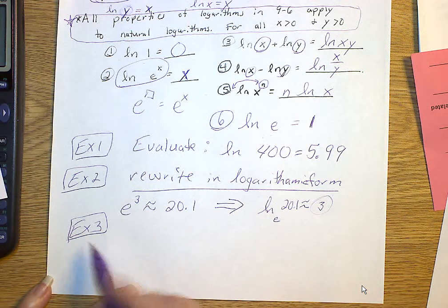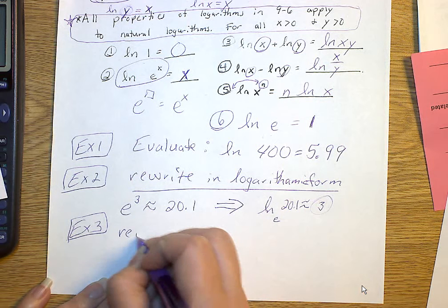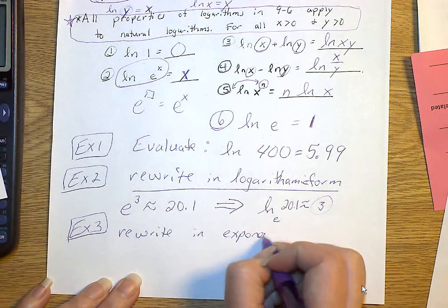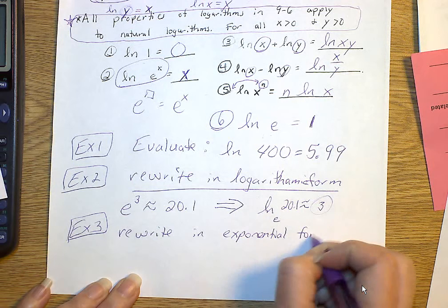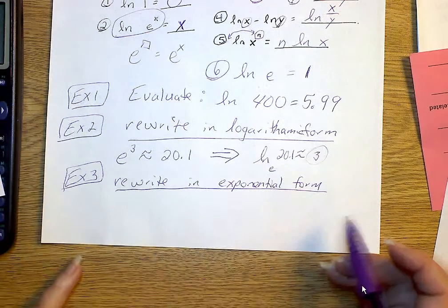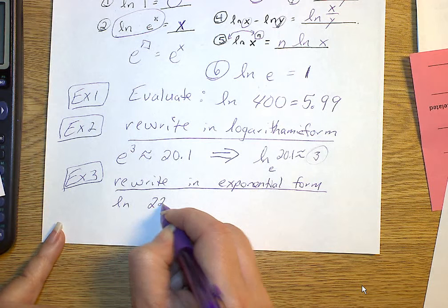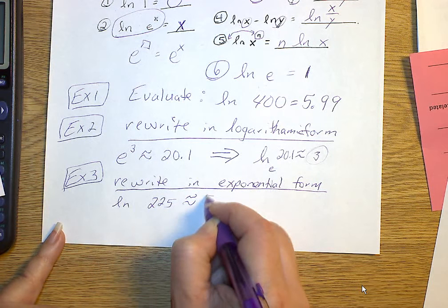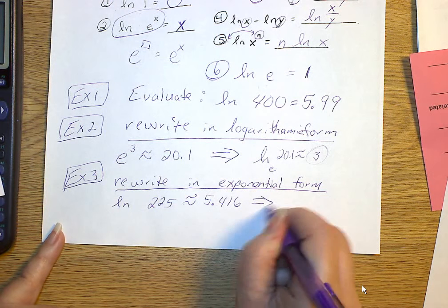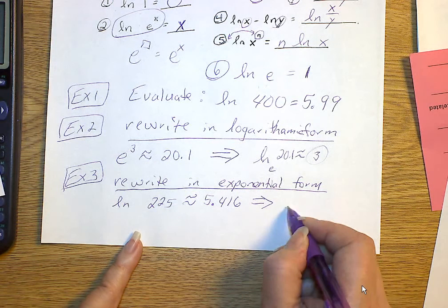Example 3. Rewrite in exponential form: ln of 225 is approximately 5.416. In exponential form, what is my base? e.